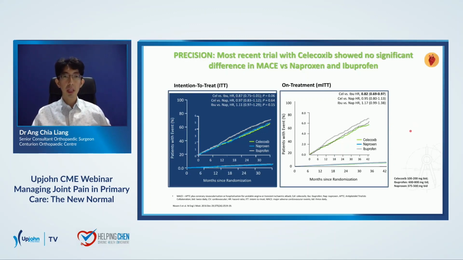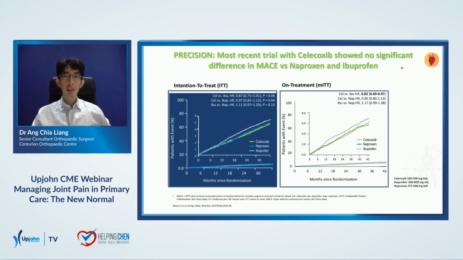Now coming to this slide, the PRECISION trial. This study was published in the New England Journal of Medicine. The most recent trial with Celebrex showed no significant difference in cardiovascular side effects versus naproxen and ibuprofen.